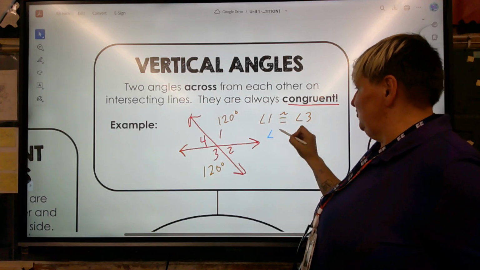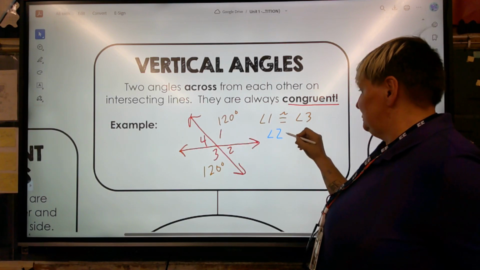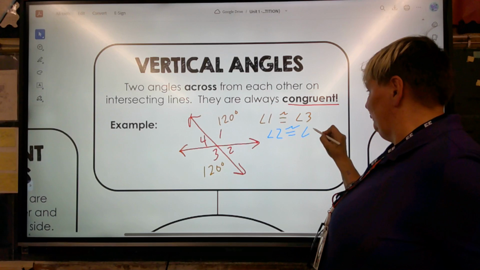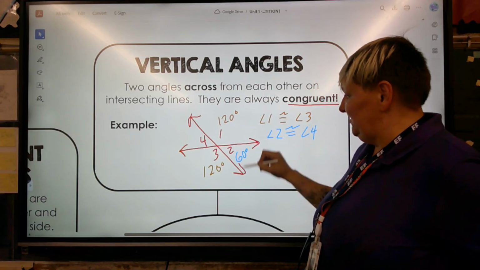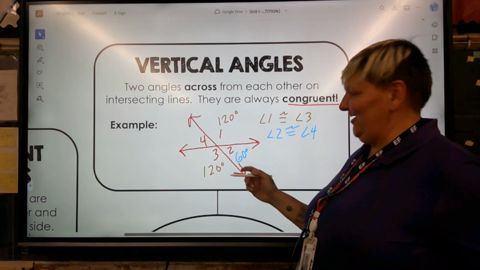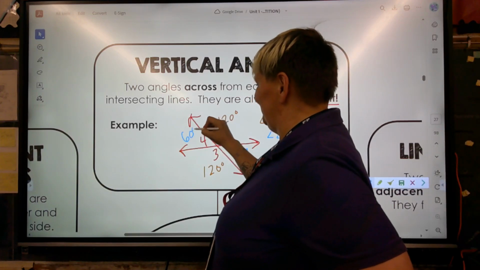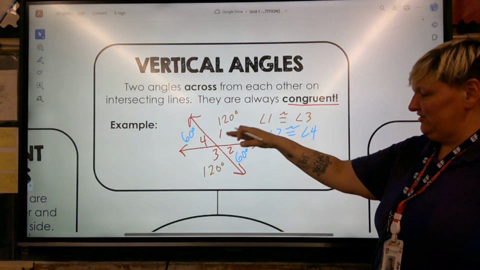Angle 2 is across from angle 4, so it is congruent to angle 4. Meaning if angle 2 is 60 degrees, angle 4 also has to be 60 degrees. They are vertically across from each other.